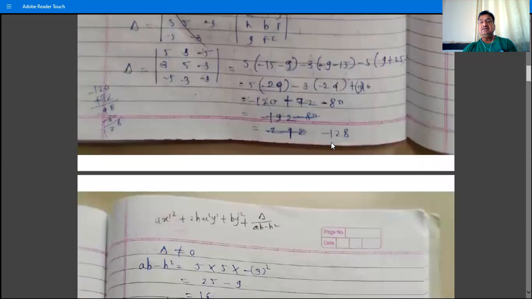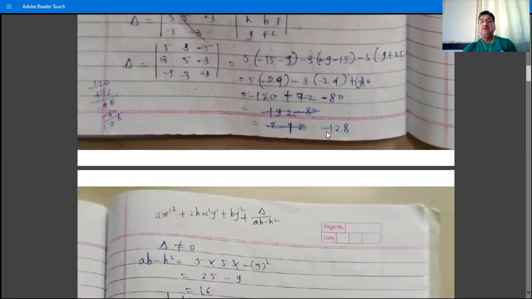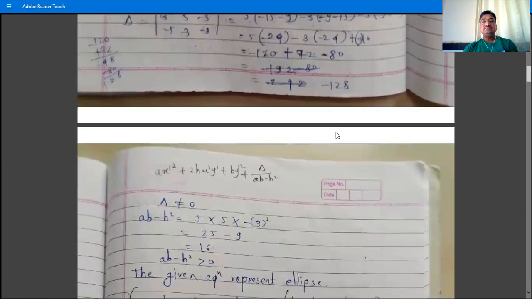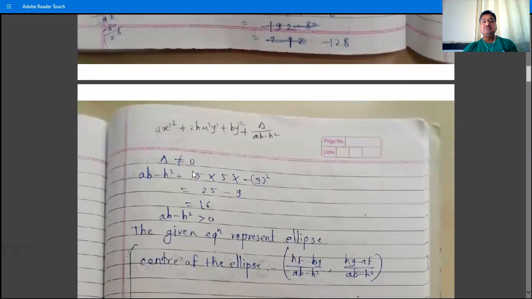After multiplication we have −120 + 72 − 80. So the answer is −128. And this delta is not equal to 0.